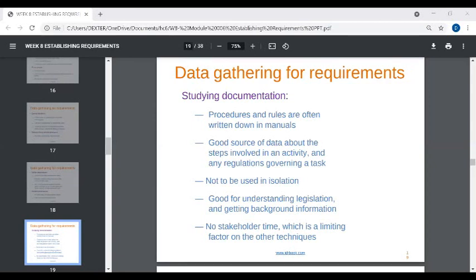Taking a user-centered view of development means being interested in everyday practices rather than an idealized account. So studying documentation is good for understanding legislation and getting some background information on the work. It also doesn't involve stakeholder time, which is a limiting factor on the other techniques.